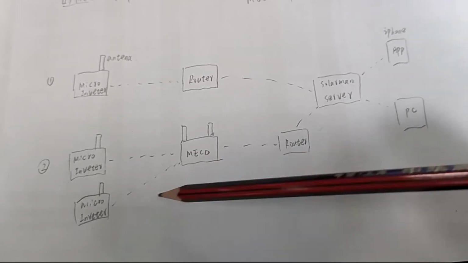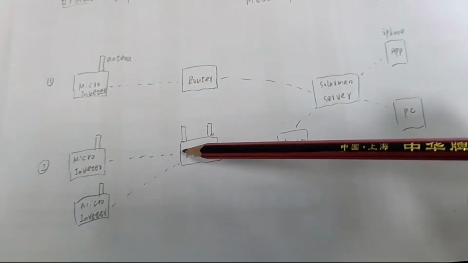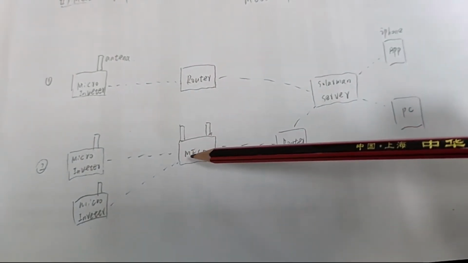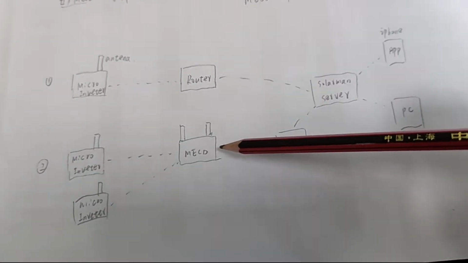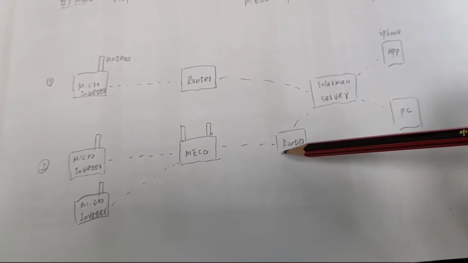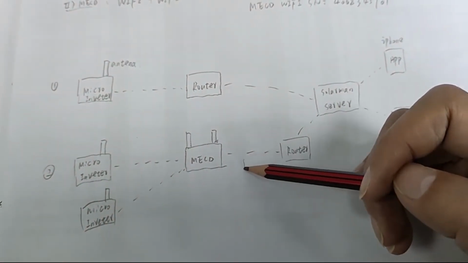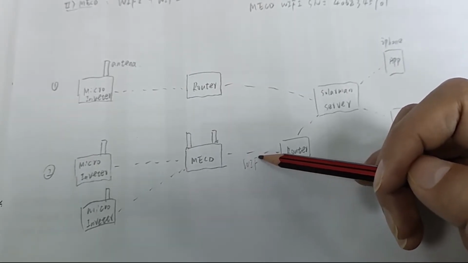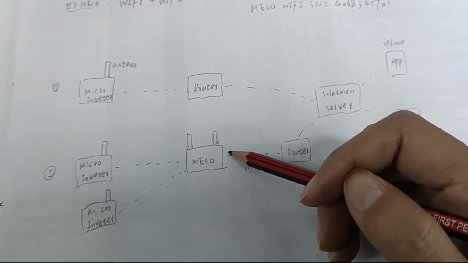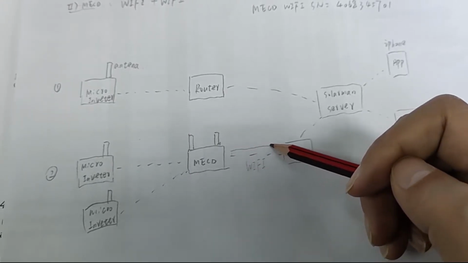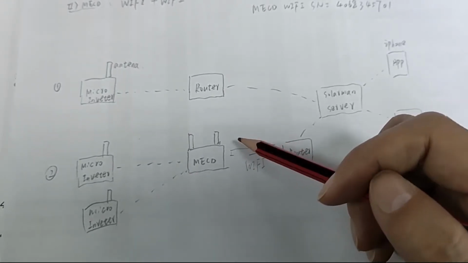From the diagram we can see here is the microinverter, and it communicates with the MECD via the Wi-Fi network. And then the MECD communicates with the router also via Wi-Fi. Let me write it down here. Wi-Fi. Communicate.